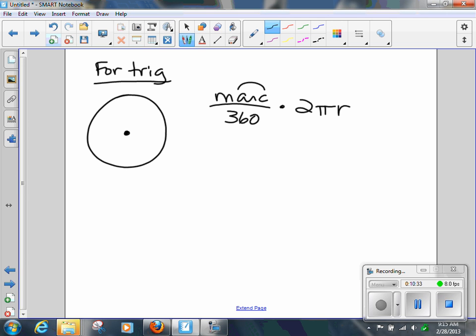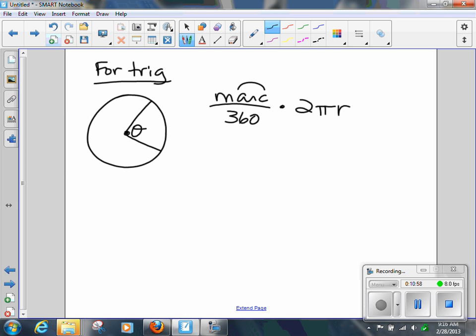In trig, we'll be given a circle. We're looking at this slice. But now, we're not dealing with these easy little measures. Now is when, in trig, we introduced theta.